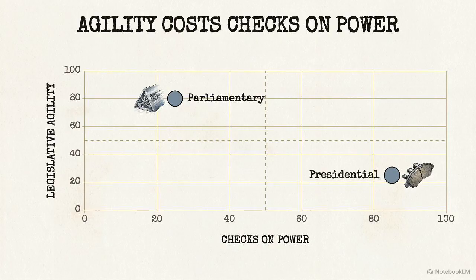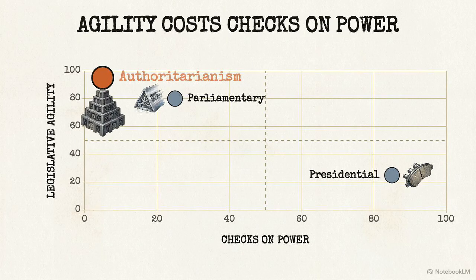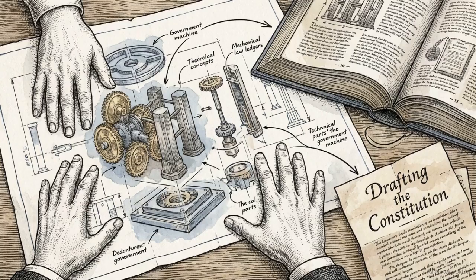It deliberately sacrifices legislative speed, using gridlock as a tool to prevent tyranny. And authoritarianism pushes the limits entirely, achieving maximum agility by operating with near-zero checks on state power. There is no utopian solution here. Choosing a political framework is an exercise in deciding which specific structural risks a society is willing to tolerate.